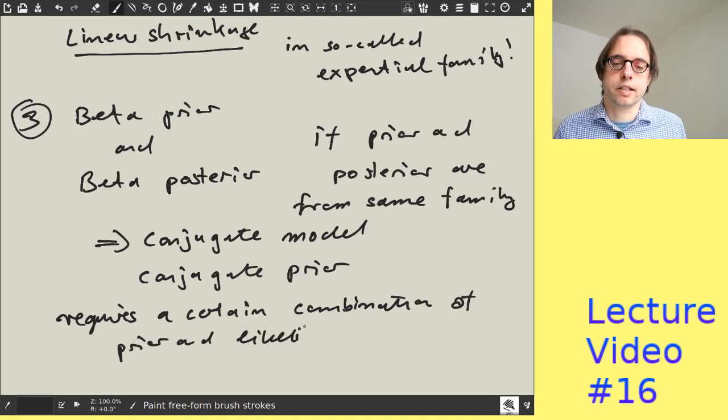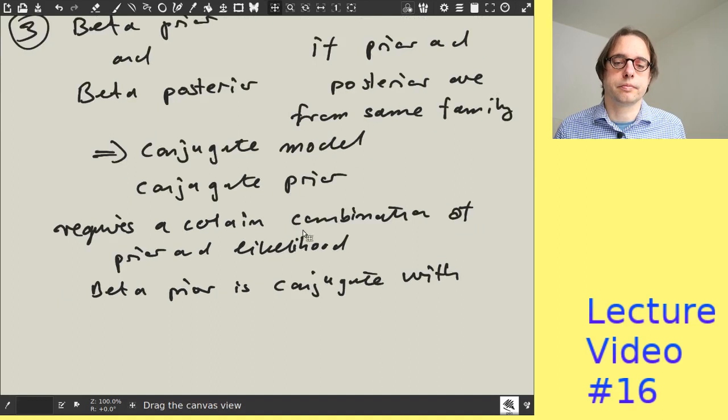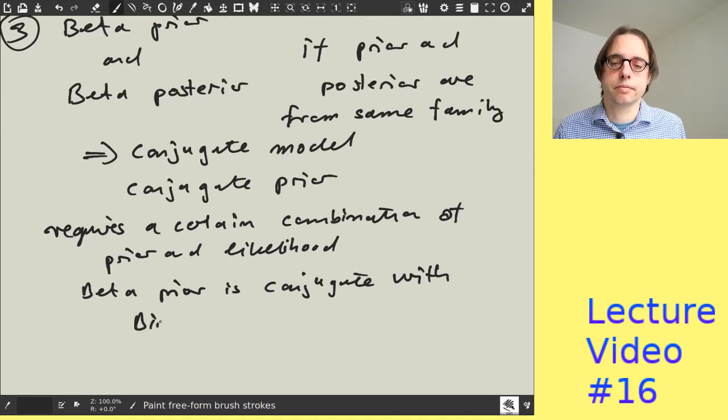That's why you also say the beta prior is conjugate with the binomial likelihood.